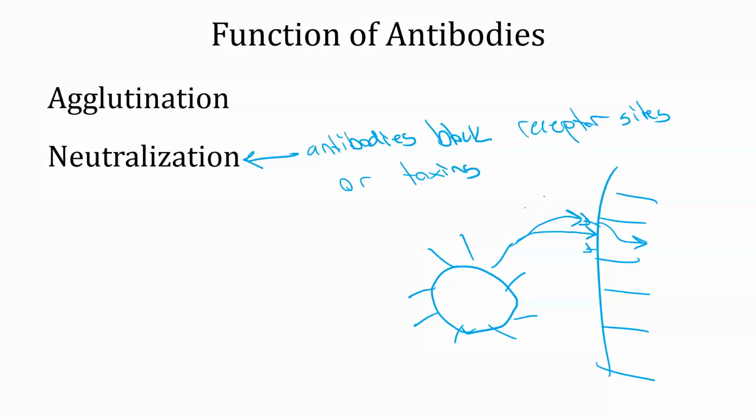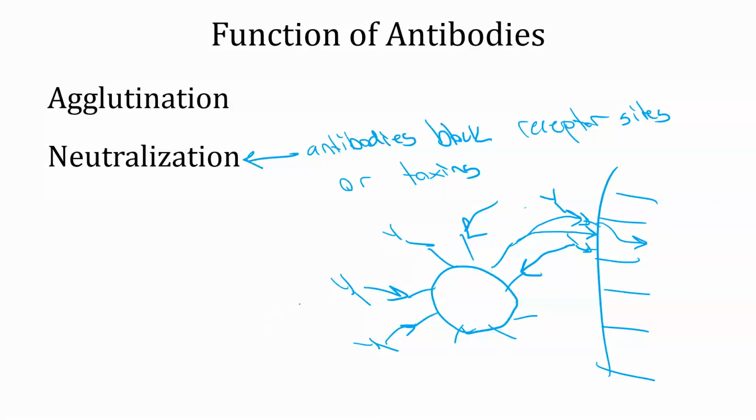Well, if we could get some antibodies in here to plug up all of these receptors on, let's say, the virus, then the receptors can't bind to the doorways of your cell. So that's called neutralization, when the antibodies cover the virus and block it from binding to anything.